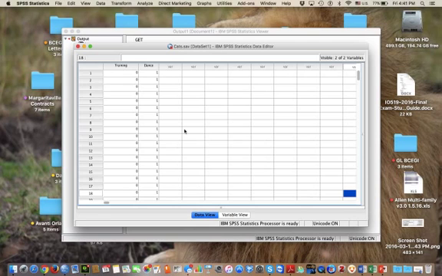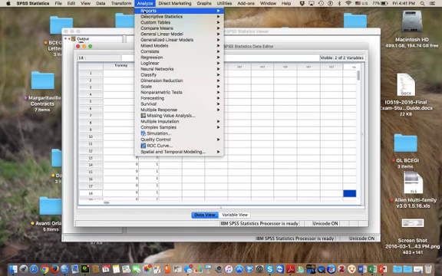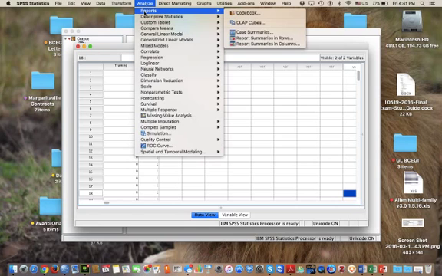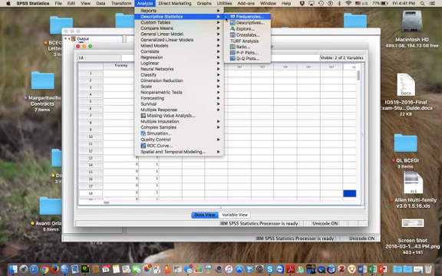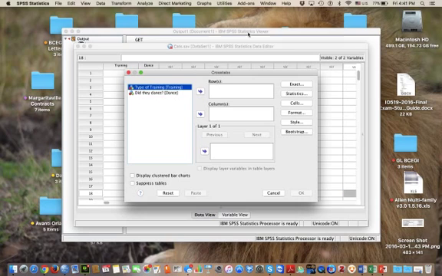There we have it. We're going to enter Analyze, and our drop down screen is going to be Descriptive Statistics, and we're going to go to Crosstabs.